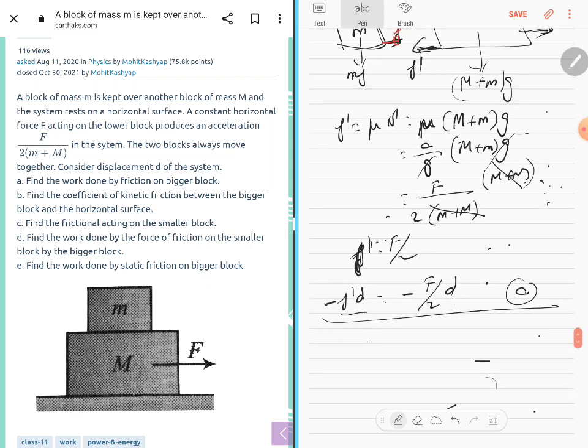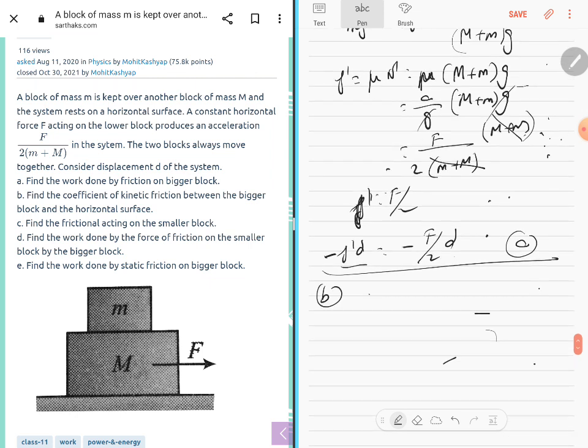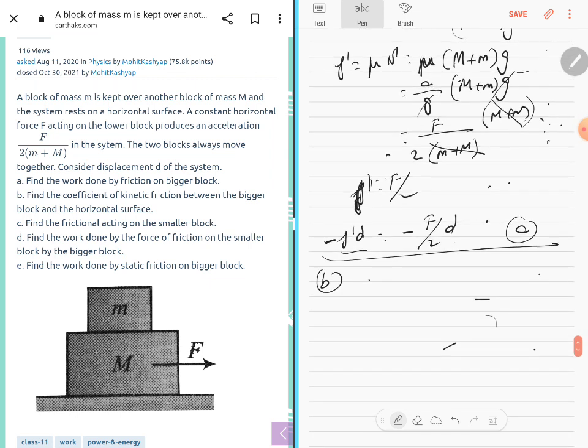Let's go to the B part, where we need the coefficient of kinetic friction between the bigger block and the horizontal surface. Kinetic friction occurs when the body is moving with a constant velocity, so obviously the frictional force and the applied force will be the same.